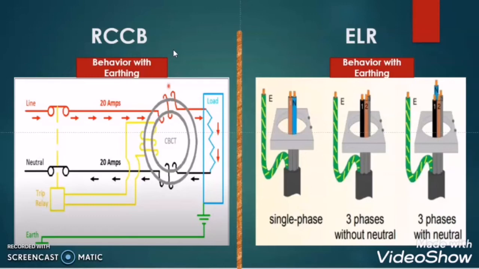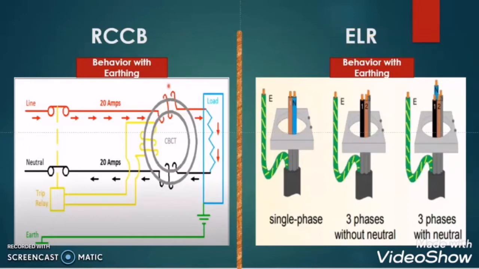The first one was the difference between RCCB and ELCB, and the second video was, is earthing still necessary when there is an RCCB in the circuit? If you watch those two videos, you will get the deep concept related to the RCCB and its relation with earthing. But for this video, just accept that for the RCCB operation, the earthing is not so important. Whether there is earthing or not, the RCCB will trip.